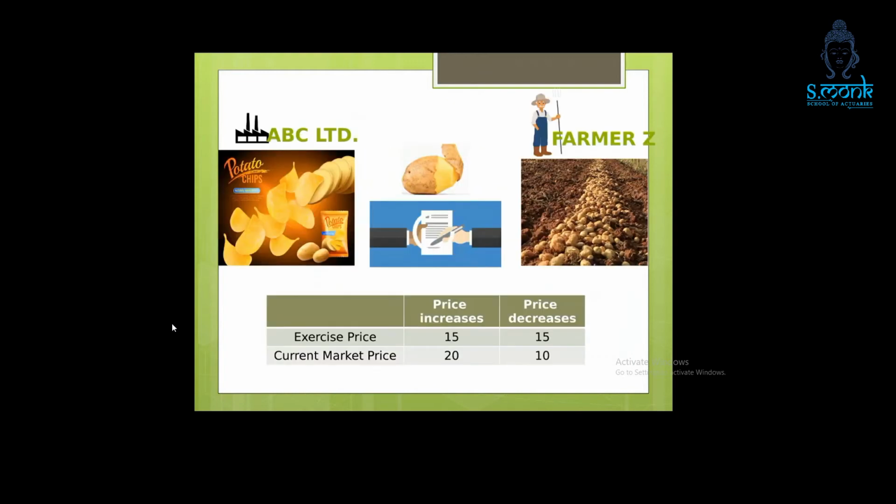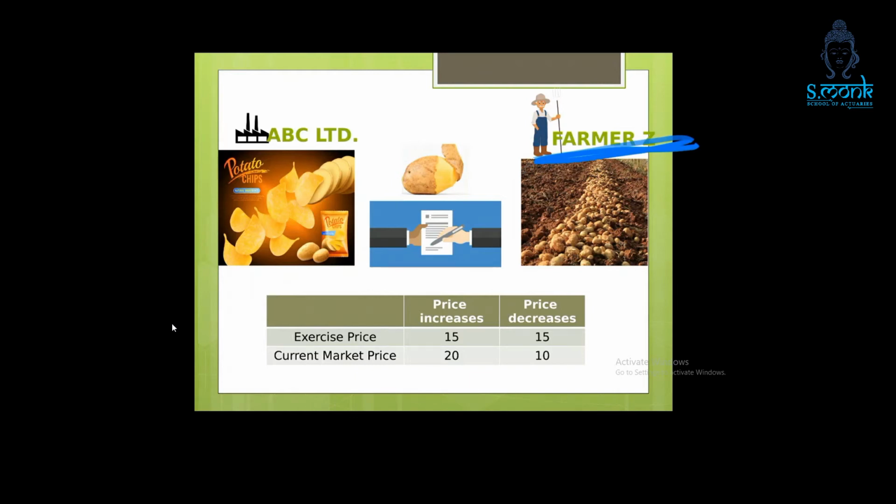Consider a firm ABC Limited manufacturing potato chips. The price of the main raw material, that is potato, is not a constant. It varies depending upon several factors. It is expected that 6 months from now there will be a bad harvest for potatoes, leading to lower supplies. Farmer Z is an experienced farmer and has dealt with such situations in the past.